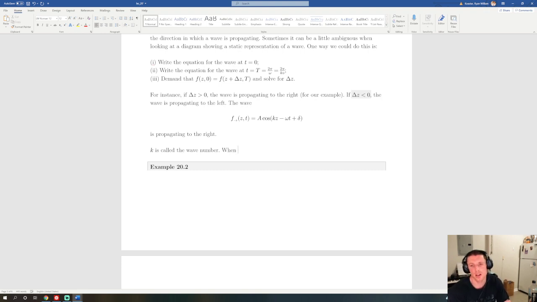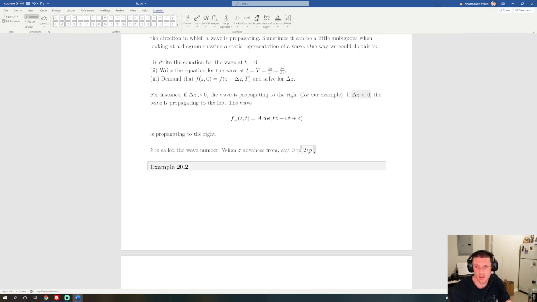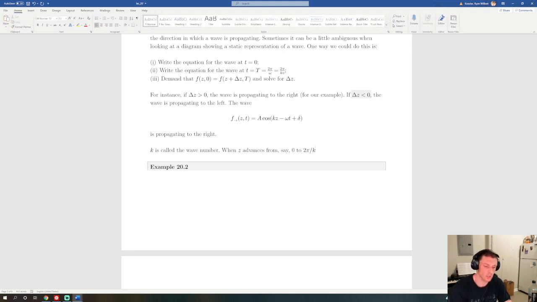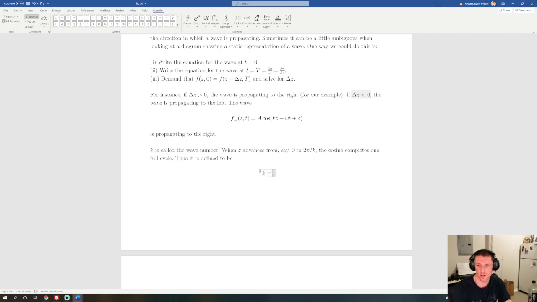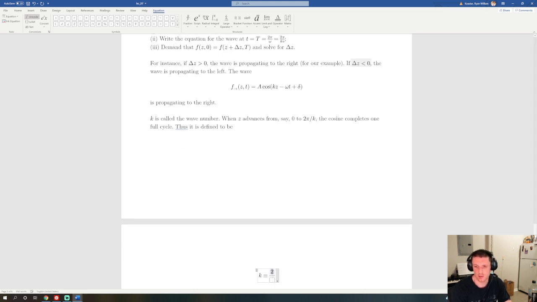But I'm going to say when z advances from, say, 0 to 2 pi over the wave number, the cosine completes one full cycle. And so from this, we can say that the wave number k is defined to be 2 pi over lambda.